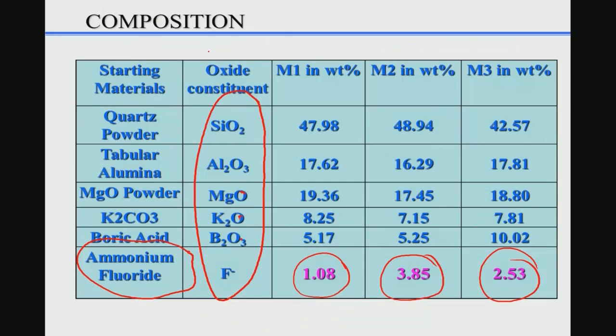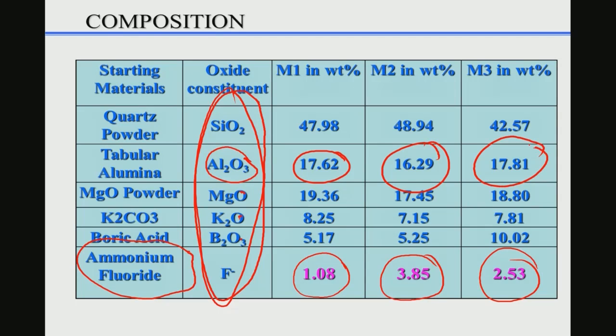In other words, if you use alumina crucibles to melt this particular glass ceramic composition, what will happen? You have alumina in the base glass, right. Now, if this composition is melted in an alumina crucible, there will be additional alumina pickup from the alumina crucible. So, this targeted composition, or this initial composition, will not be the same as what you are showing in the table. It will be disturbed.